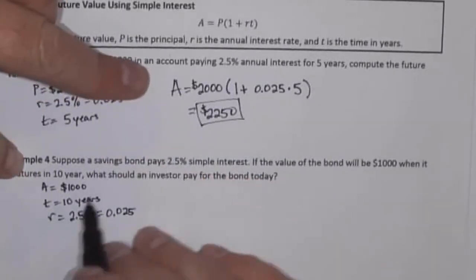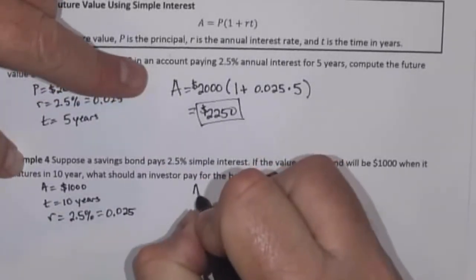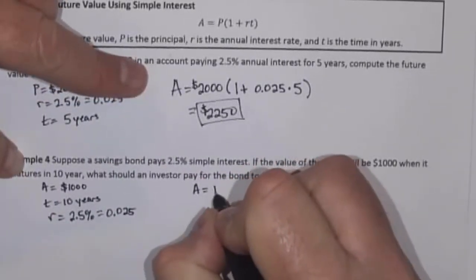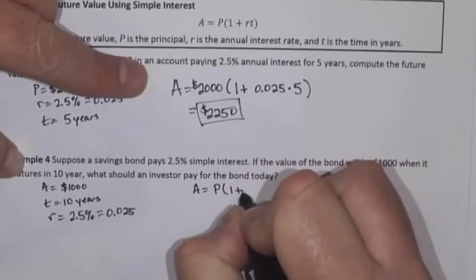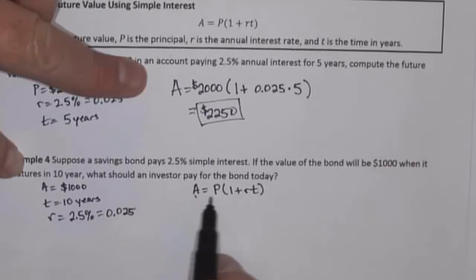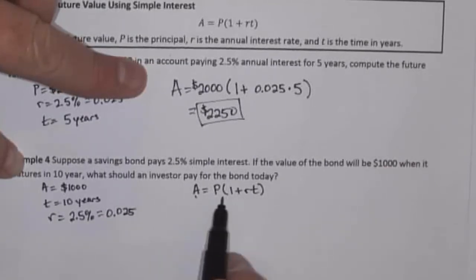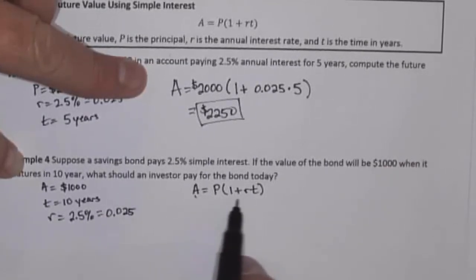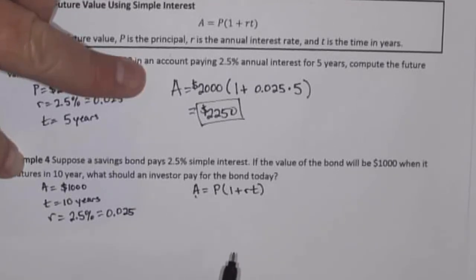So in this scenario, if I used my formula, future value equals principal times 1 plus R times T, then I know A, I know the R, I know the T. What I don't know is P, and so I have to figure that out.